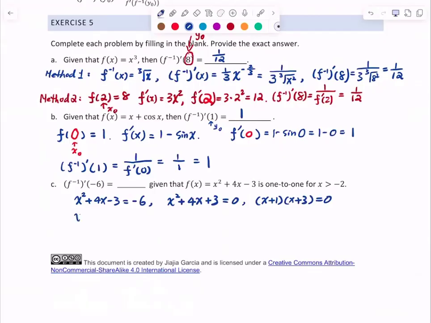So we got two solutions: x is -1 or x is -3. Which one is the one that we want? Negative one, right, since x is greater than -2. So in our case, f of -1 is -6.